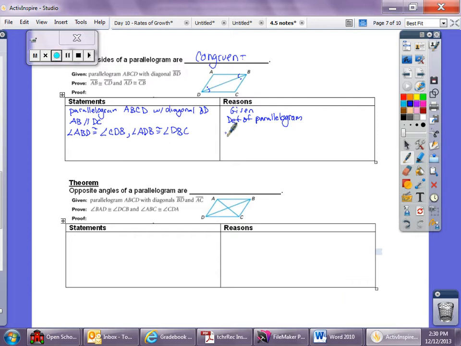These are alternate interior angles. So that's our alternate interior angle theorem. So we have two parallel lines cut by a transversal. The alternate interior angles are congruent. So if they're congruent, we know that DB is congruent to DB. That's our reflexive property.